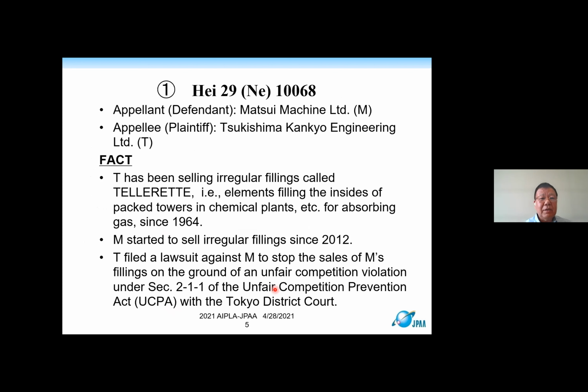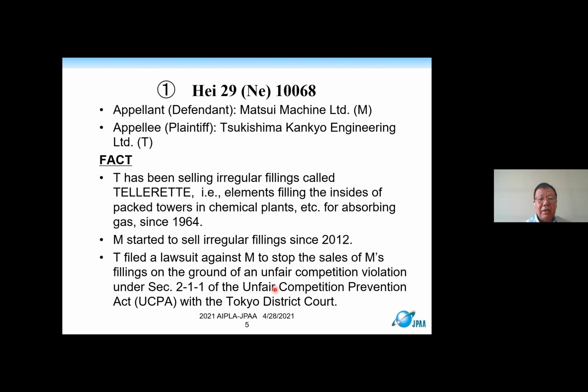The first case regards product configuration of fittings. The appellant and defendant in the first instance is Matsui Machine Limited, a Japanese company. The appellee and plaintiff in the first instance is Tsukishima Kankyo Engineering Limited, also a Japanese company.